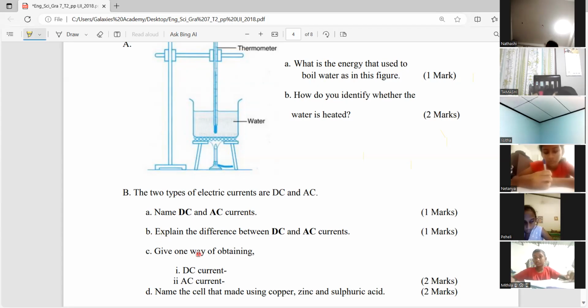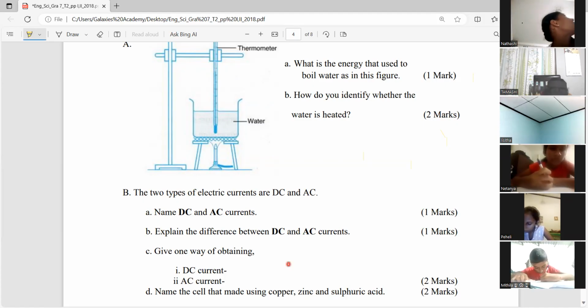Right. Part B. Explain the difference between DC and AC current. What is the difference between DC and AC? Direct current flows only in one direction, but alternating current flows in both directions. Okay, you can write the answer like this. DC, direct current, flows only in one direction.